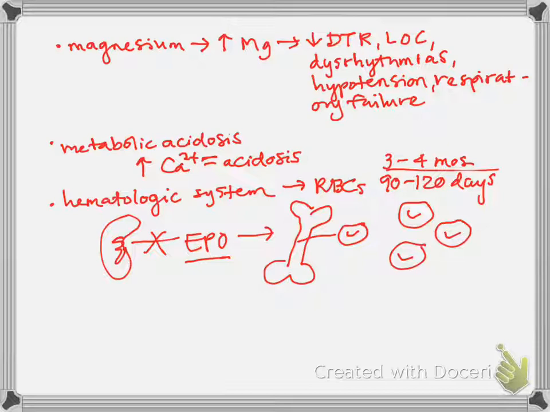Or if we have patients who have active blood loss, then obviously that would be a problem because normally erythropoietin would be stimulated. So our patients may suffer from anemia with a low hemoglobin, a low hematocrit.